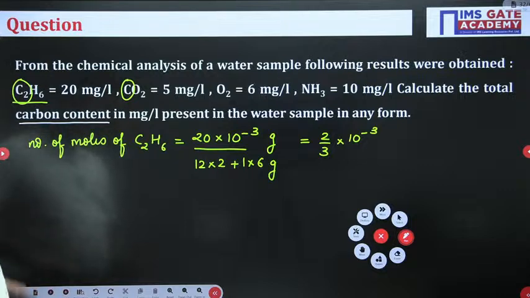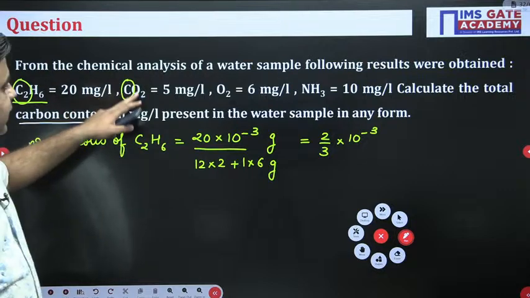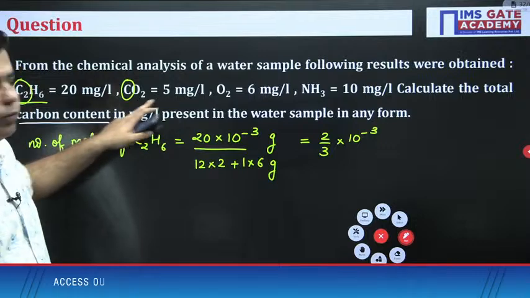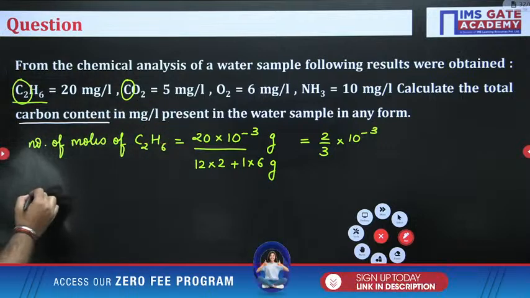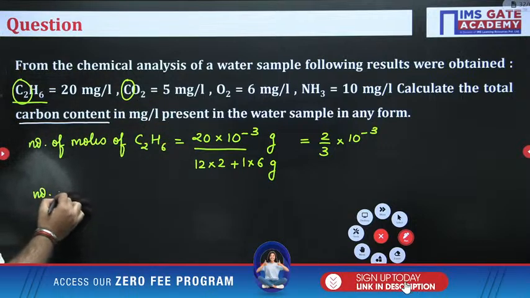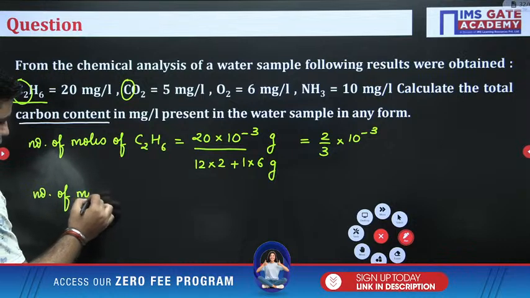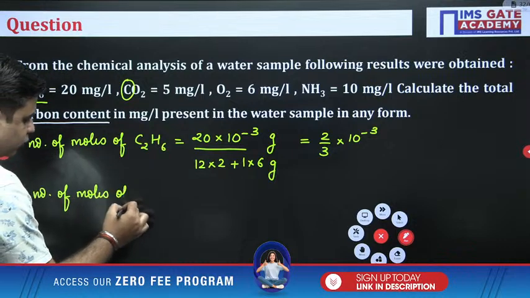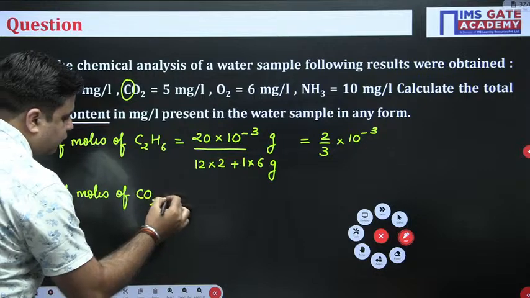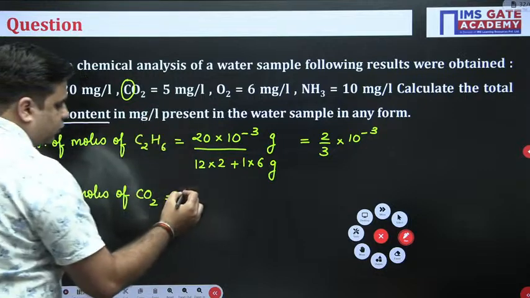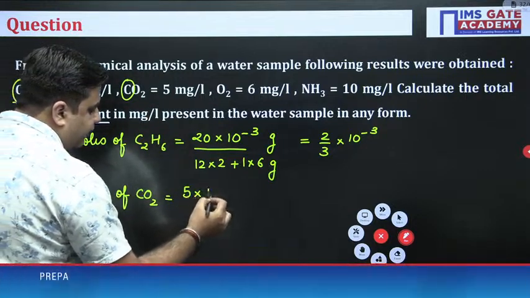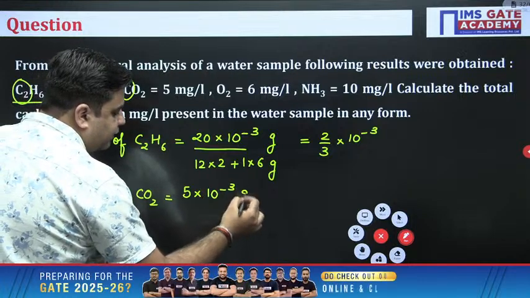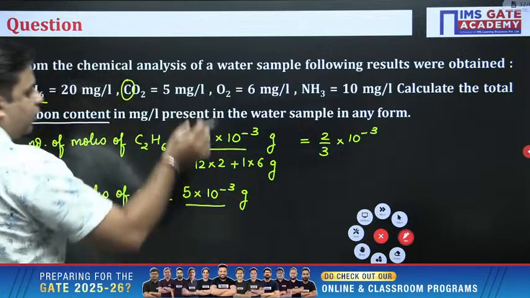Now next, the second compound containing carbon is CO2. Calculate the number of moles of CO2. The number of moles of CO2 is the given weight of CO2, which is 5 milligrams. So 5 into 10 raised to the power minus 3 grams divided by the molecular weight of CO2.